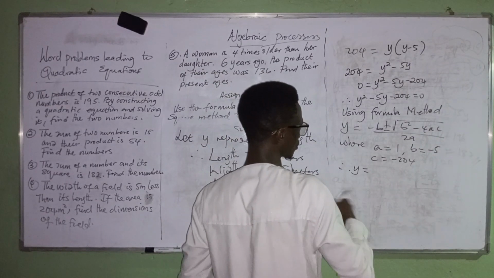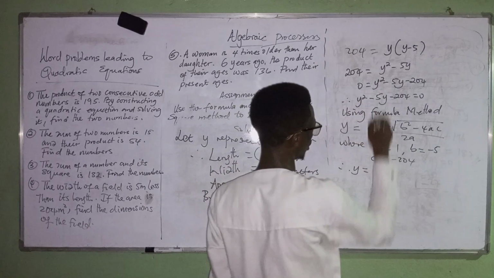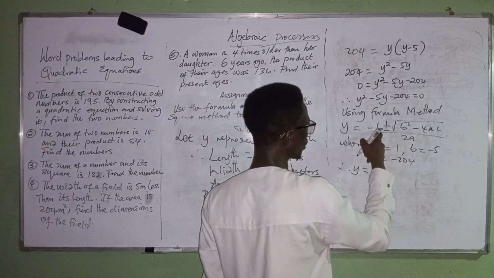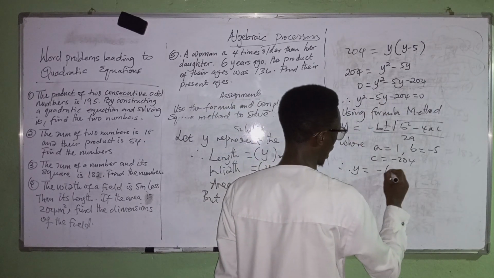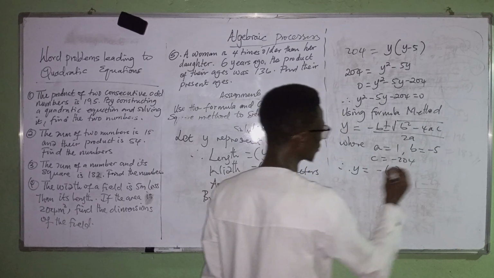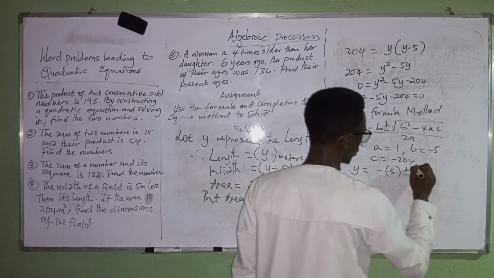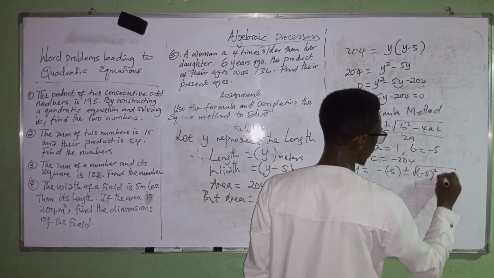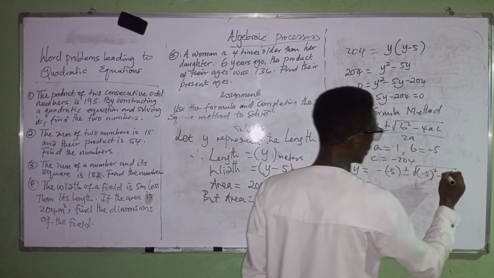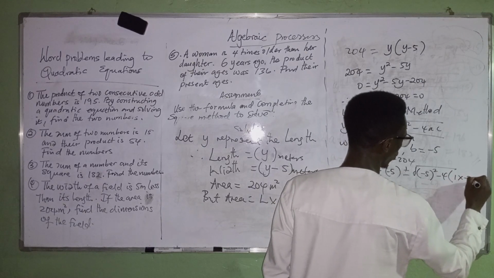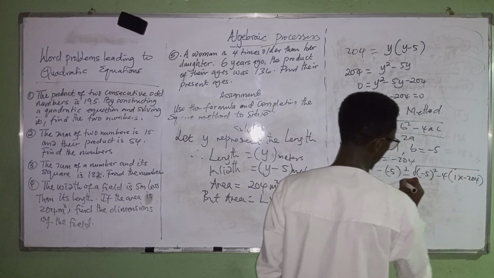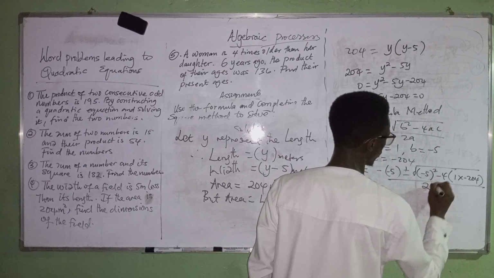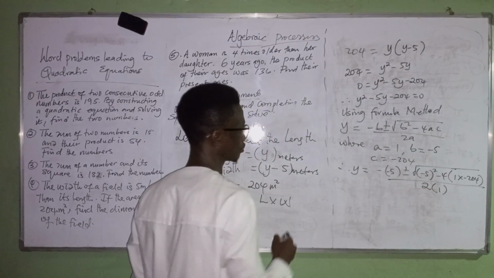So this becomes minus, my b is minus 5, plus or minus the square root, my b again is minus 5 all square minus 4 into a, which is 1, multiplied by minus 204. Close bracket. Everything here divided by 2 into 1.